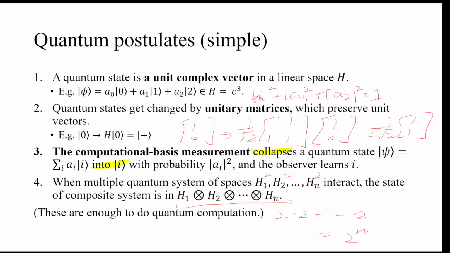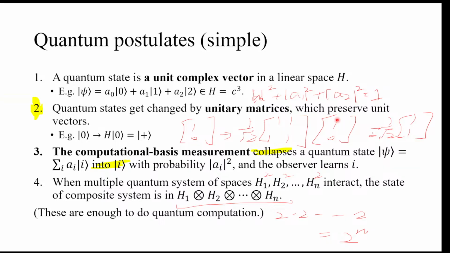So your quantum state gets changed by this unitary matrix. This is a part that's different from probability, because in probability you go by Bayes' rule, but in quantum mechanics you are changed by unitary matrices.